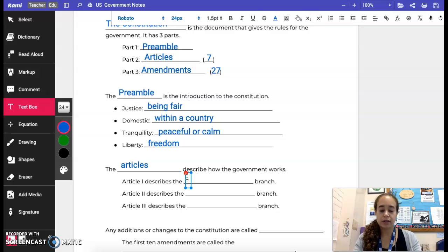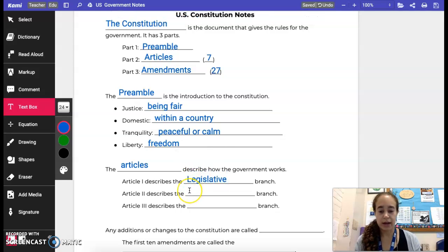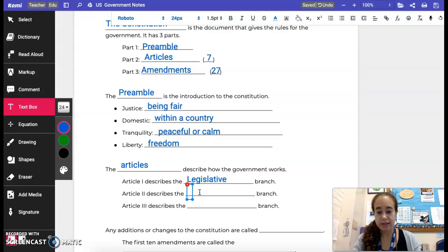The first article describes the legislative branch. This is the longest article. Describes Congress, the Senate, House of Representatives, the lawmaking process. Article 2 describes the executive branch.